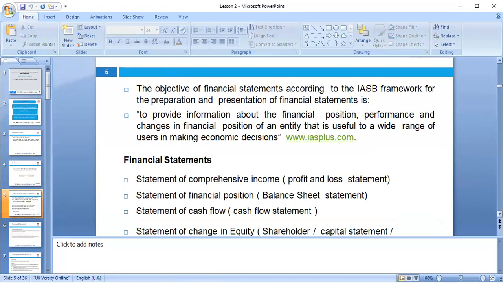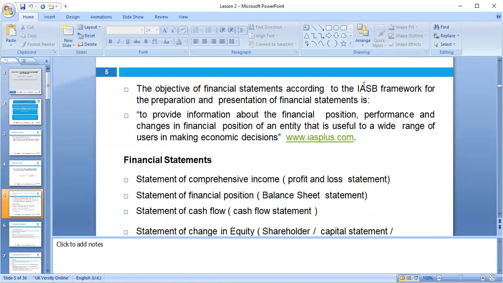According to the International Accounting Standards Board, the key purpose of financial statements is to provide financial information. They should be prepared according to the rules and regulations, and they help stakeholders make the right decisions. The statements are the statement of comprehensive income, which means profit and loss, and the statement of financial position, the balance sheet, which shows assets, liabilities and capital.